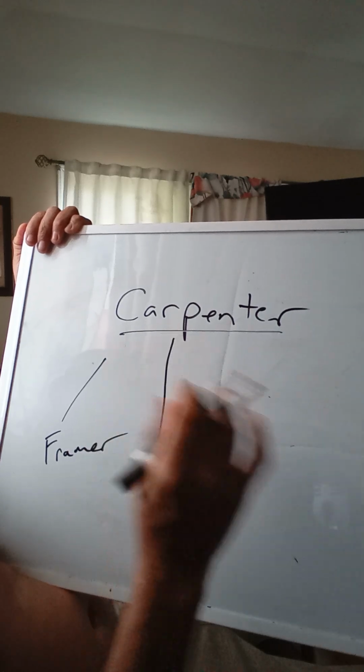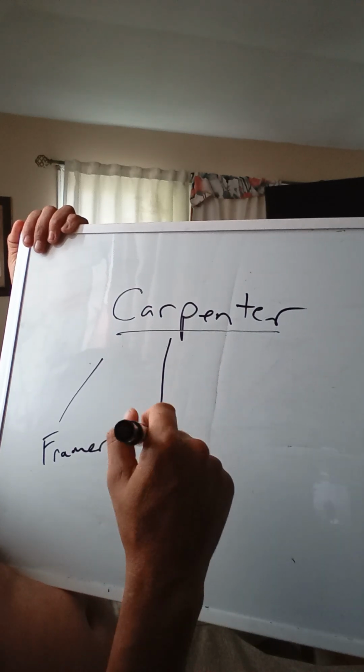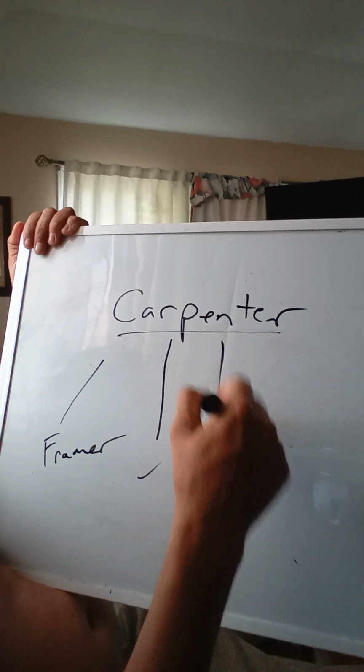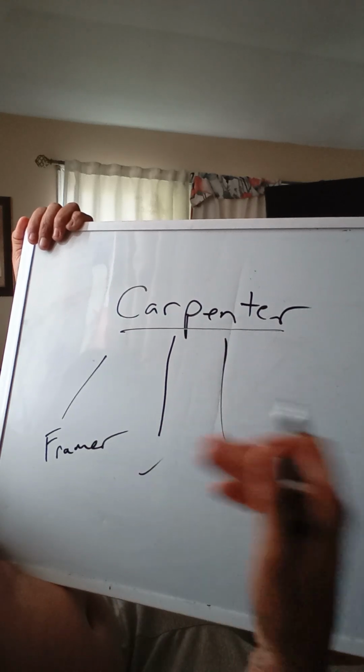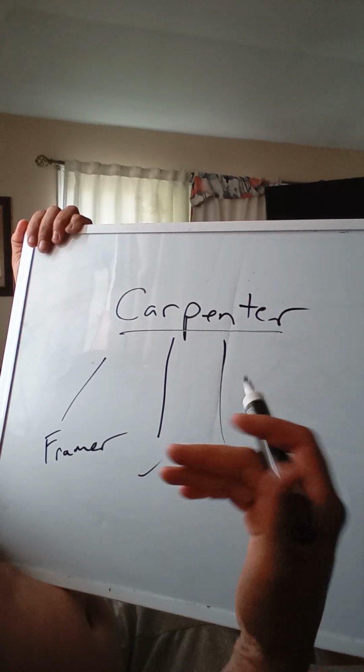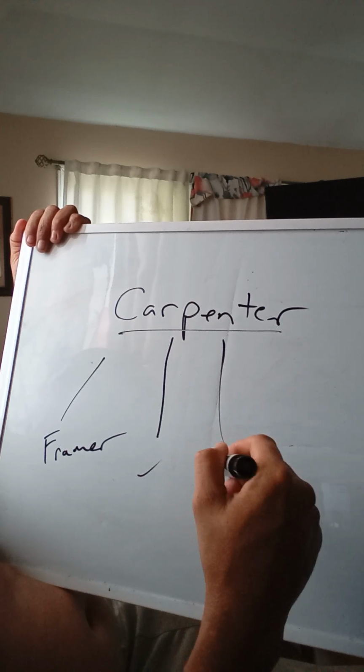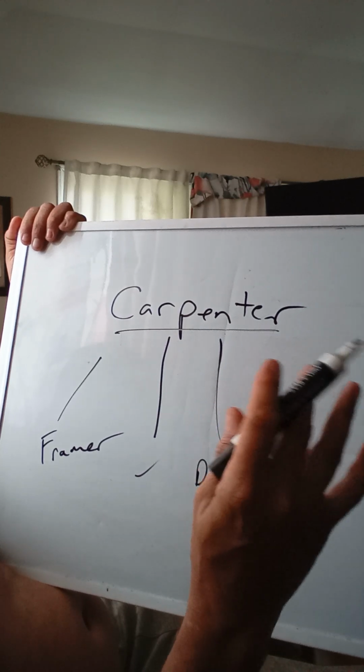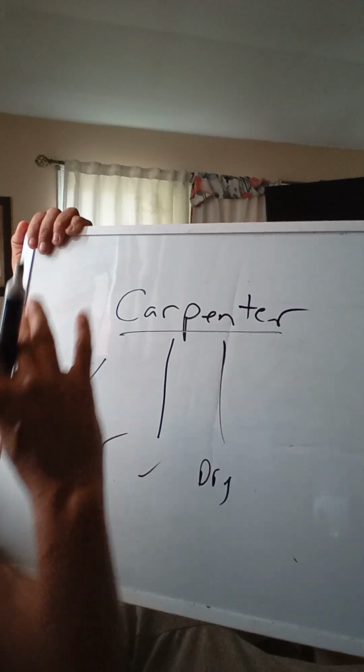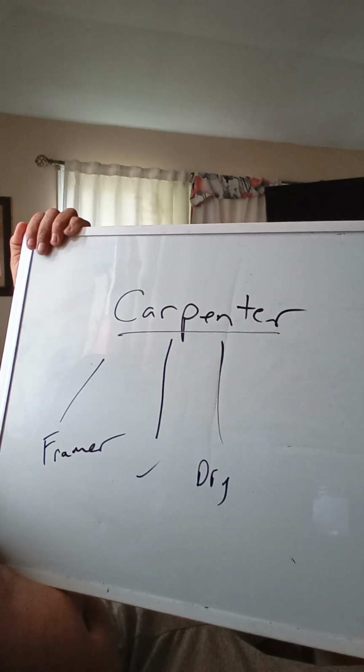Then you can move into another field after that. If you're a production guy and you want to do siding, you want to go into more of an art kind of thing, then you could hang some drywall and learn how to tape and float and make some beautiful stuff. I mean, really focus on it.